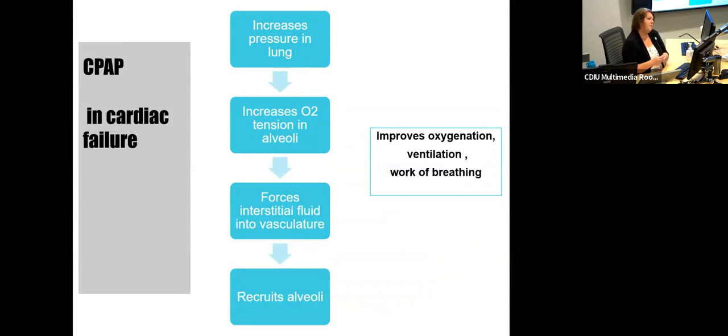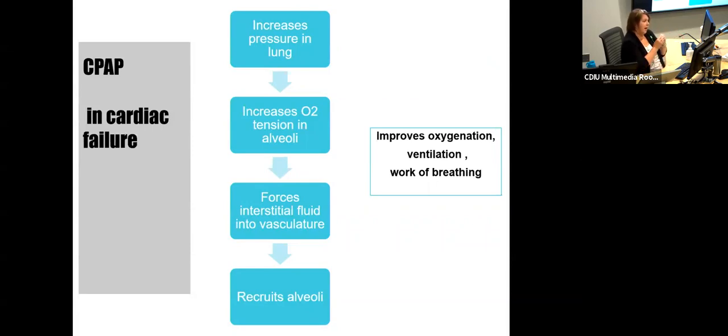It doesn't actually force interstitial fluid into the vasculature, but because you have a greater surface area, it's more likely that you're going to start moving fluid from the alveoli into the lymphatics and into the intravascular space.